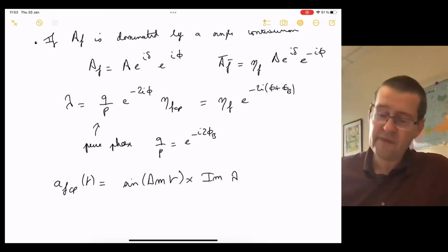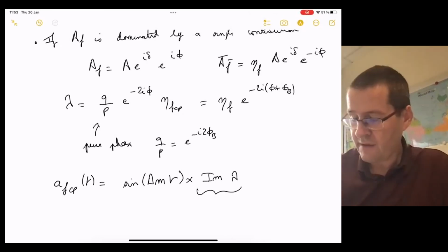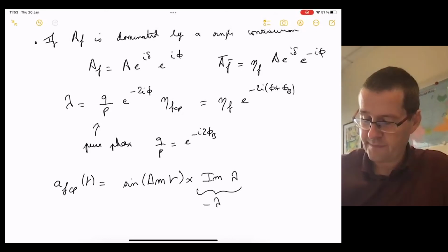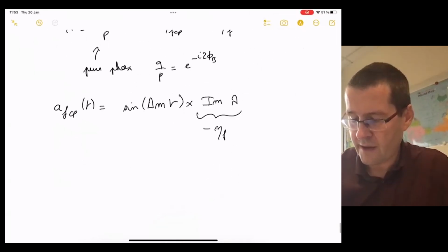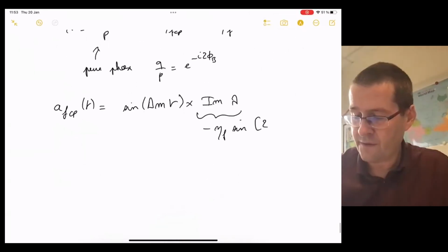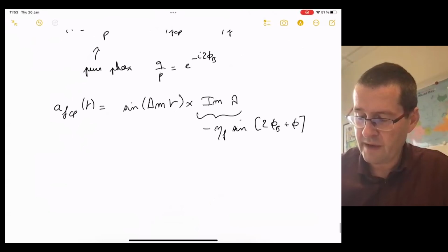So you will have a sine component which will correspond to eta F sine of 2 phi B plus phi.